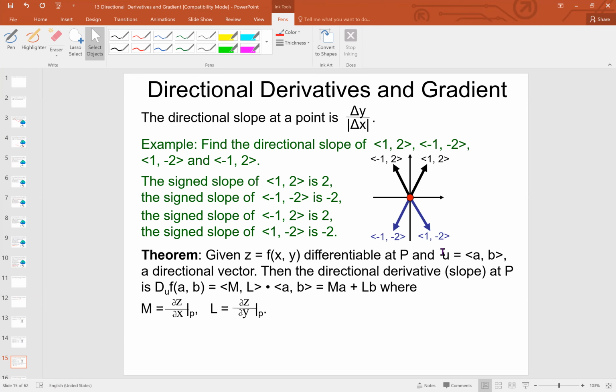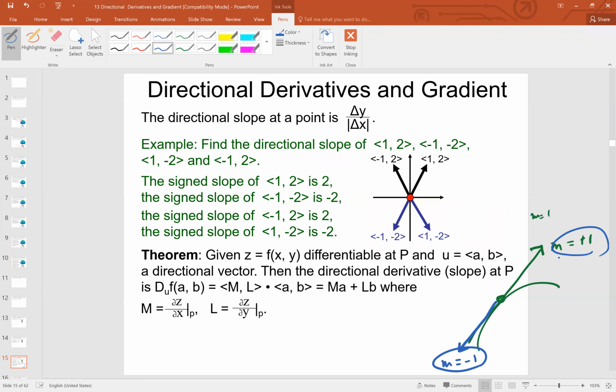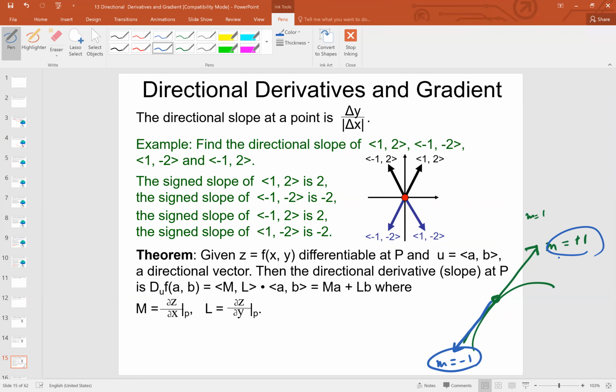So in other words, if the slope is positive 1 in one direction, then in the opposite direction, because you're going downward, the slope is minus 1. So this is a signed slope, and the directional derivative we calculate gives the signed slope.